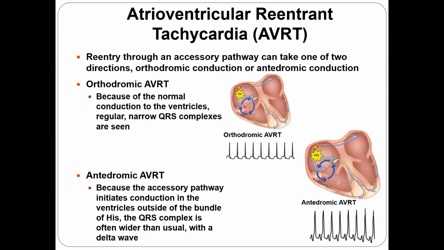Now, there are two types depending on the function of the bundle of Kent. If the bundle of Kent is reuptaking the charge only, so the ventricle is activated through the normal conducting pathways, this is called orthodromic AVRT tachycardia, so the QRS is completely narrow.